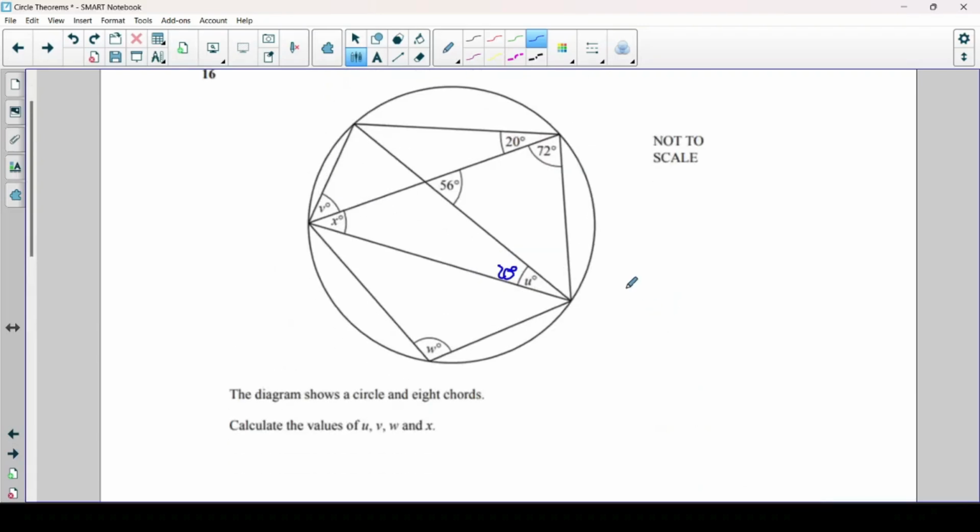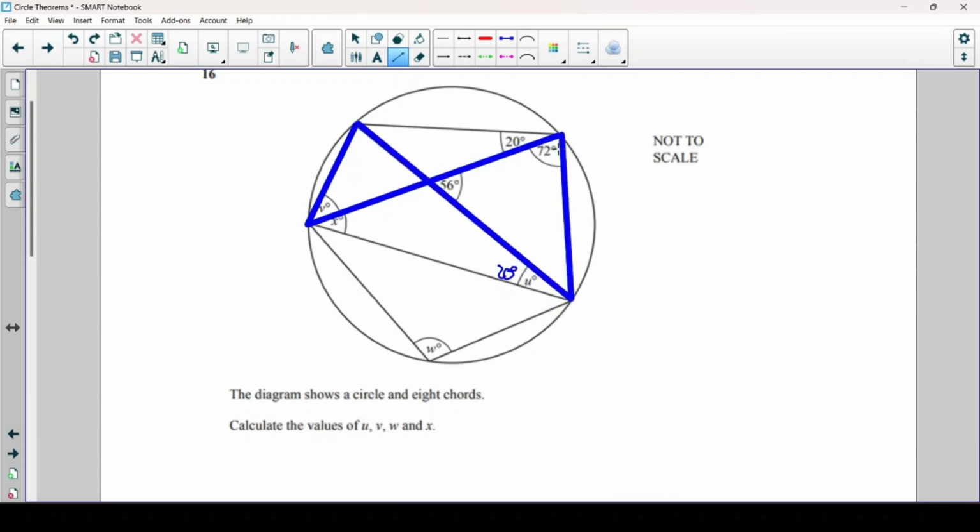Next is v. Let's see if we can use a similar thing with v. So v is subtended by these 2 points. This angle down here is also subtended by these 2 points, so those two are equal. We don't know what this is yet, but we can work it out pretty easily because we've got this angle here and this angle here, and they're in a triangle.